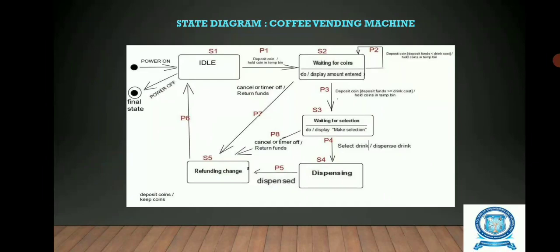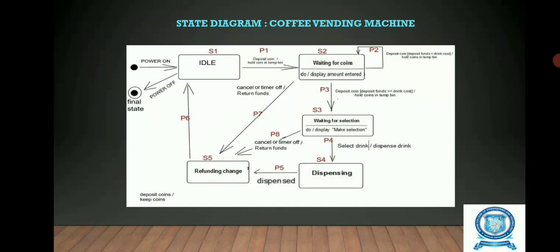This is another example, a state diagram for a coffee vending machine. We have the power on state, which is the start state, and the final state is the power off state. Then it has various states like S1, S2, S3, S4, S5.